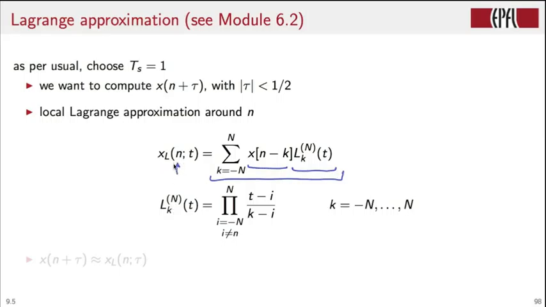So we use the notation xl of n and t. N is the center point, and t is the value from the center point at which we want to compute the approximation. And the Lagrange polynomials are given by this formula here, which is the same as in module 6.2. So the delayed compensated input signal will be set equal to the Lagrange approximation at tau.